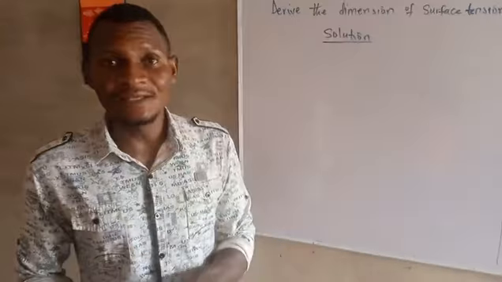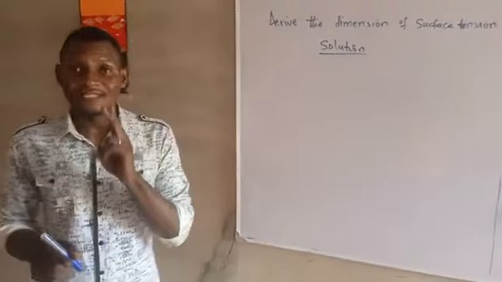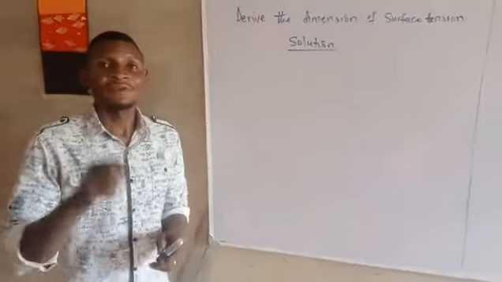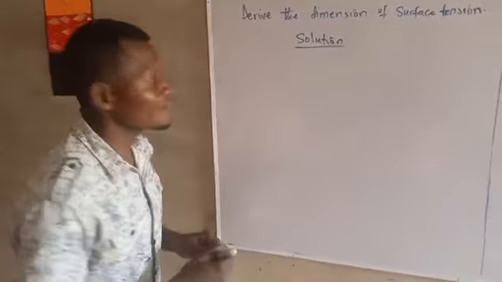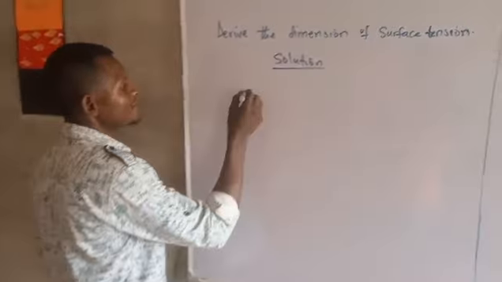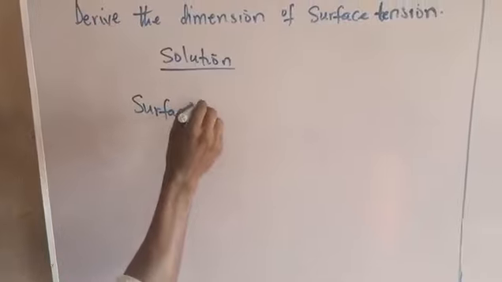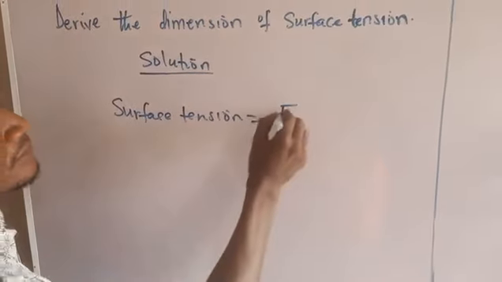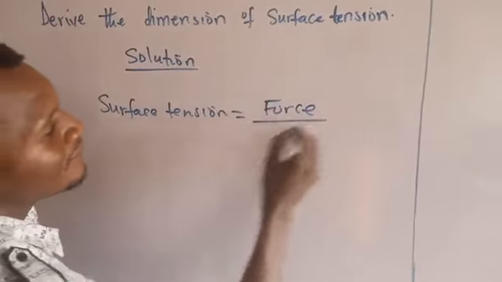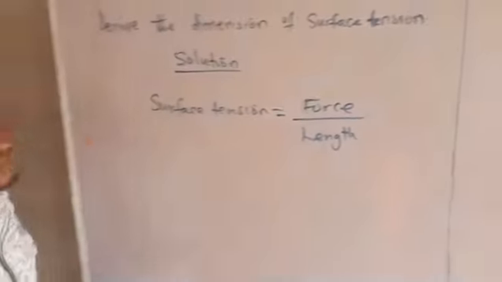So for you to obtain the dimension of surface tension, we have to connect the formula, and the formula is force per unit length. So the formula is surface tension is equal to force per unit length.